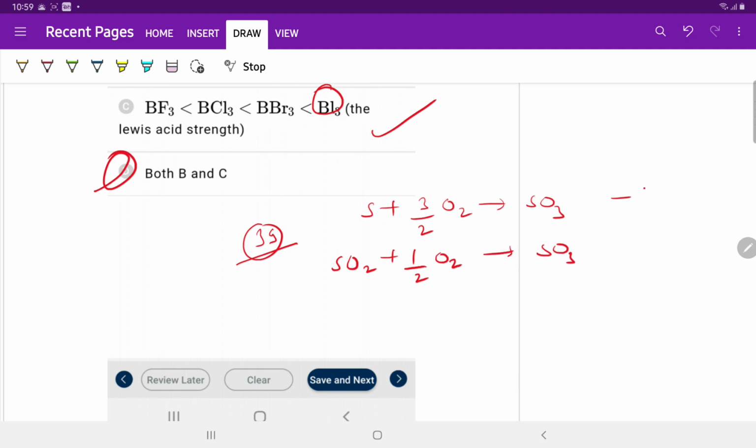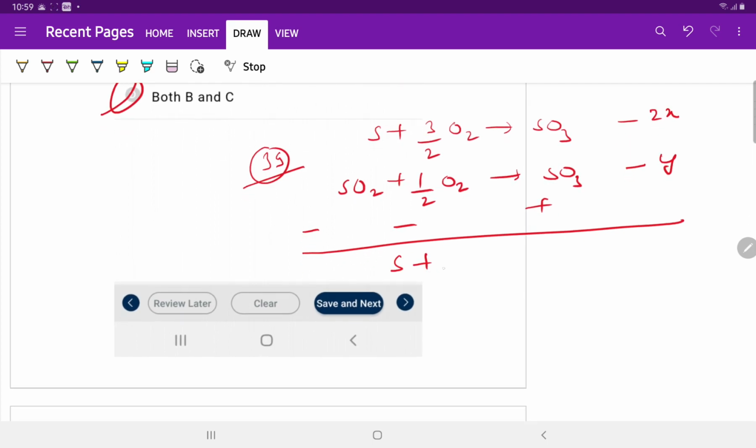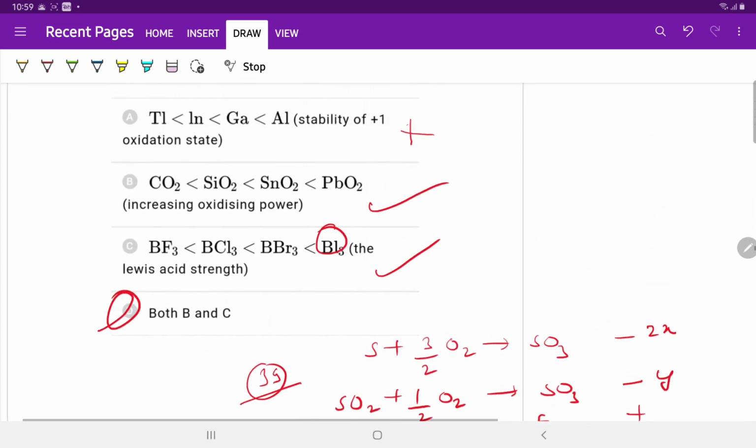The enthalpy of formation is minus 2x and the enthalpy of formation is minus y. Okay, on subtracting we get S plus O2 gives SO2, and y minus 2x is the answer for question number 39.